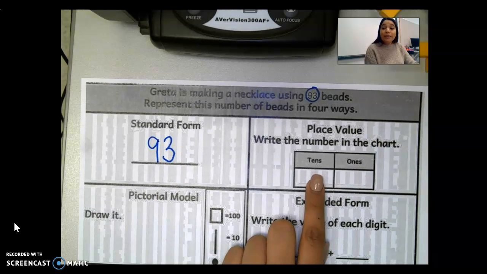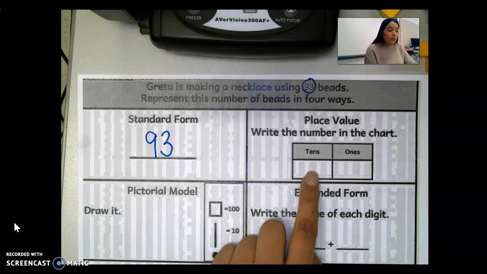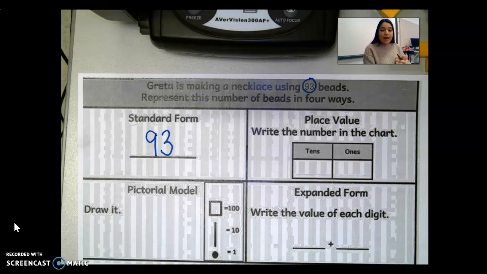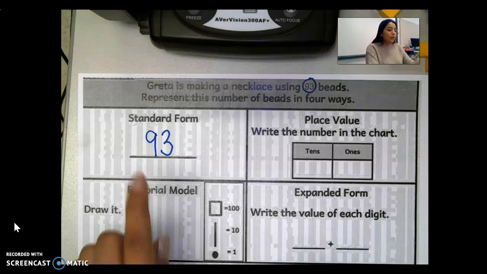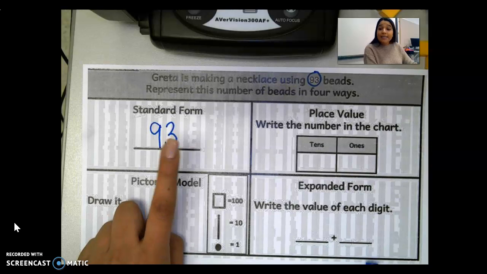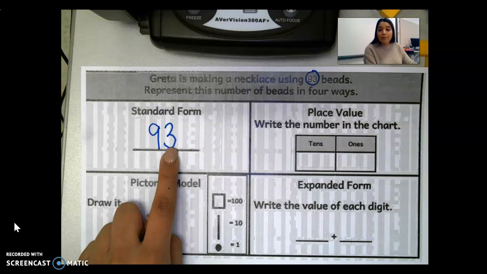Now let's look at our place value chart. So write the number in the chart. We want to see how many tens and ones the number 93 has. So I'm going to look at 93 and I'm going to look at my last digit. So our last digit tells us how many ones the number has. So the last digit always tells us how many ones a number has.